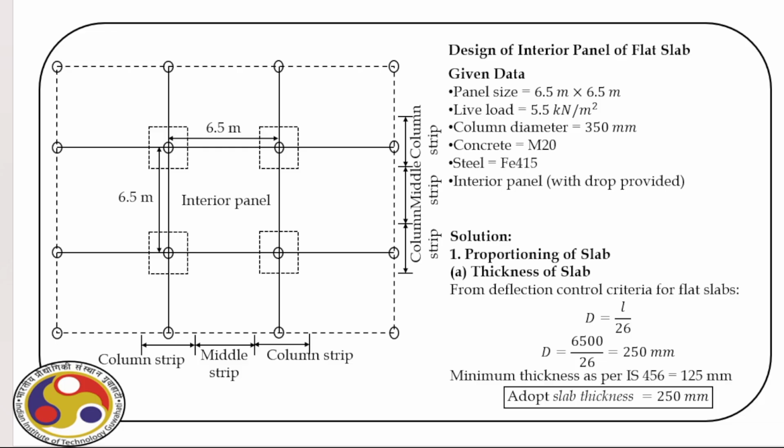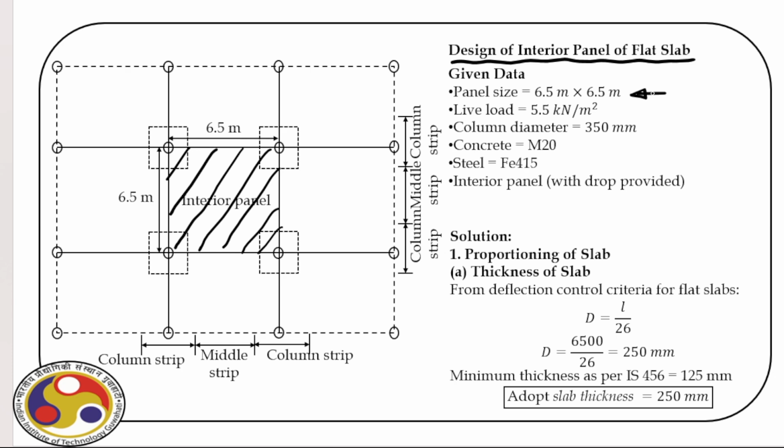Now comes an example. With that example, we'll see how we can actually design a flat slab. So for this, our design is focused on the interior panel. So this is the interior panel. Panel size is 6.5 meter by 6.5 meter, so this is a square panel.